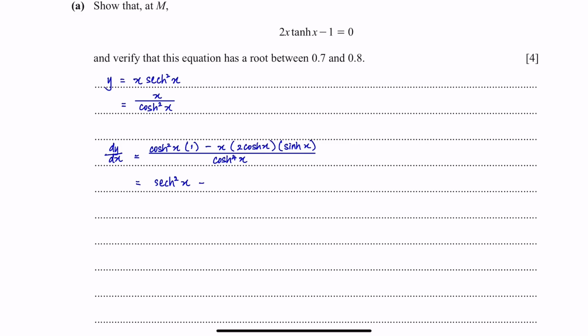and we get minus 2x sine x over cos x times cos squared x. Oh, sorry, sec squared x.